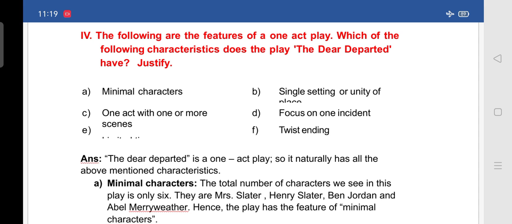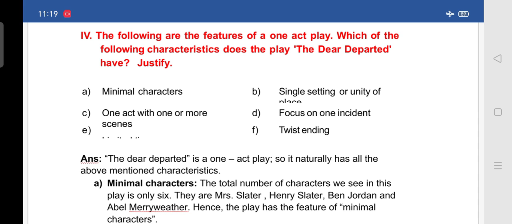A. Minimal characters. B. Single setting or unity of place. C. One act with one or more scenes. D. Focus on one incident. E. Limited time. F. Twist ending.